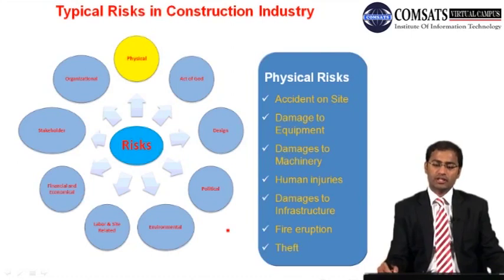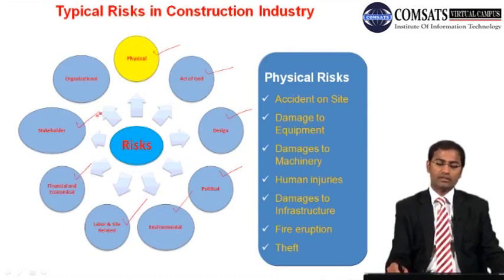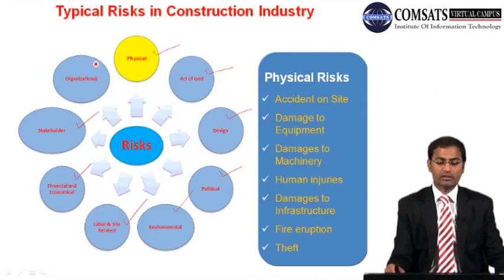So the construction industry risks are divided into physical risks, act of God risks, design risks, political risks, environmental risks, labor and site relation risks, financial and economic risks, stakeholder risks, and organizational risks.